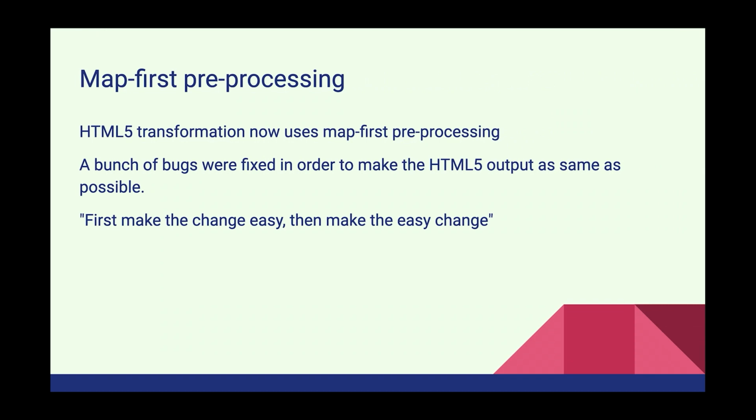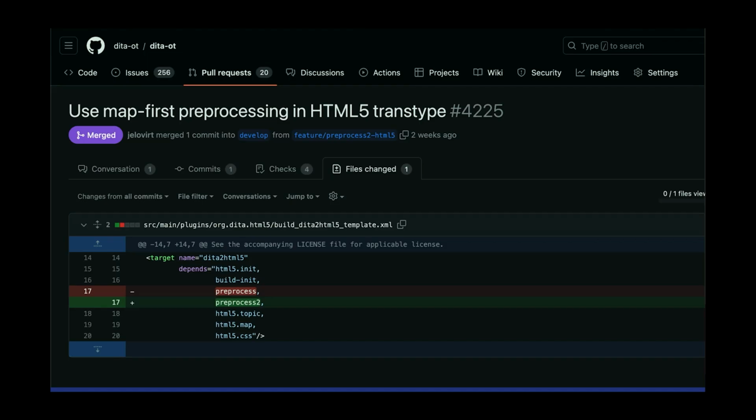The way we did this was first fix all the bugs. In a way, try and make the change really easy, and then once everything should be really easy, you just make the easy change. So this is the change we made. Here, you add one number and that's it. So in a way, reverting that should be equally easy.